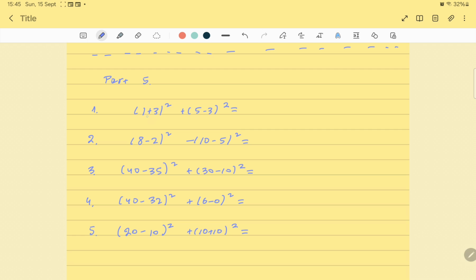Now we have brackets, indices and addition. First we do the brackets and indices and then we do the addition.